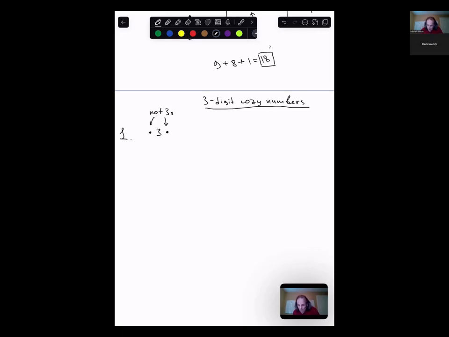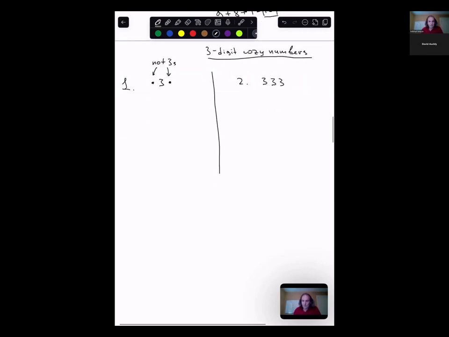Another case is when they're all threes. What are other cases? Otherwise, we can have something like this, and that's also cozy.